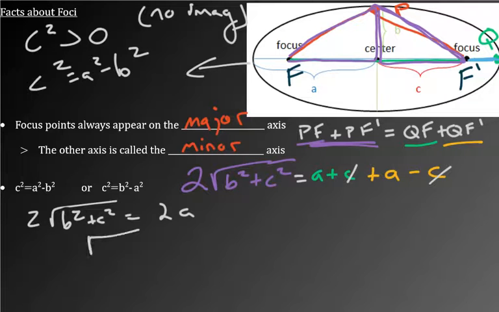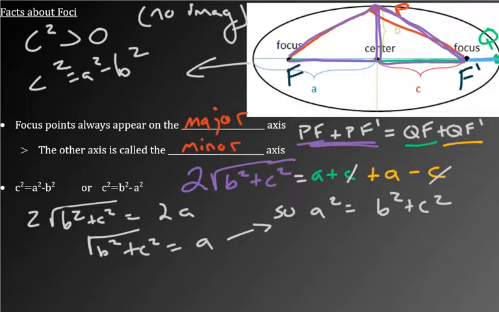And so I get the square root of b squared plus c squared equals a. And so a squared is b squared plus c squared. And the way I wrote it here, in terms of c squared, if you move the b squared over, c squared is a squared minus b squared. And that proves it.